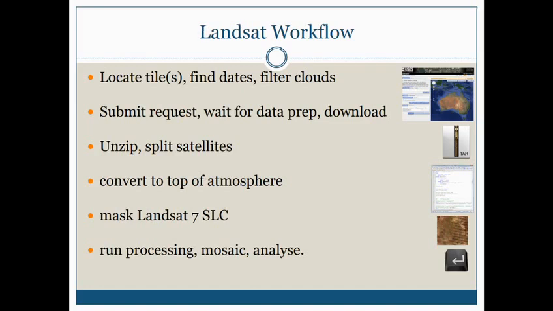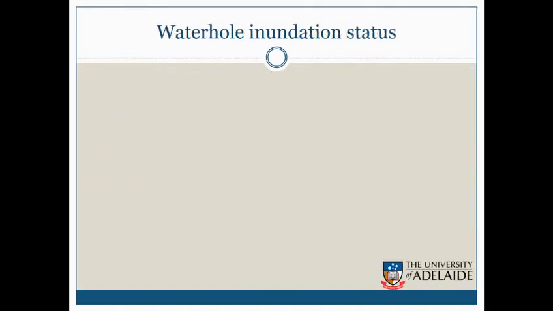If you're using Landsat 7, then you have to mask out the no data from the scanline correction issues starting in 2003 before you even get a chance to start mapping inundation, mosaicing it, putting it together and analysing the data. You don't have to do that anymore because it's all been done by Geoscience Australia, which is fantastic.